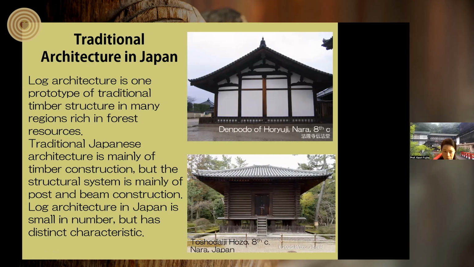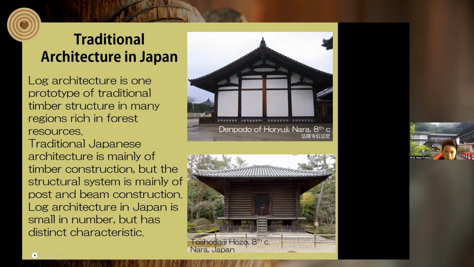In Japan, timber construction is our main traditional architectural type, but most of the structural system is post and beam construction, as seen in the picture above, with columns and beams, with walls or without walls. Log architecture in Japan is very small in number. It is not the major structural construction type, but has some distinct characteristics. So please let me describe these traditional log architecture in Japan.